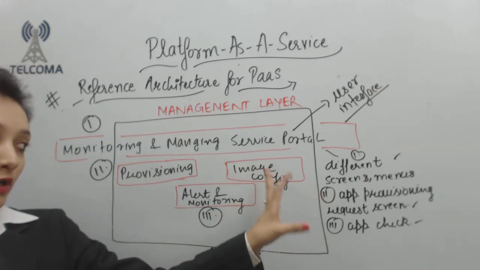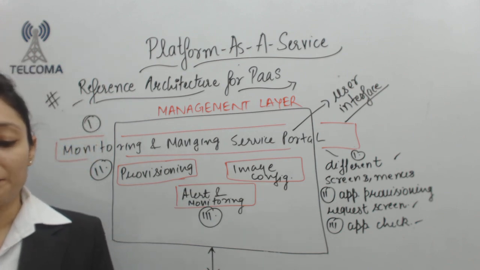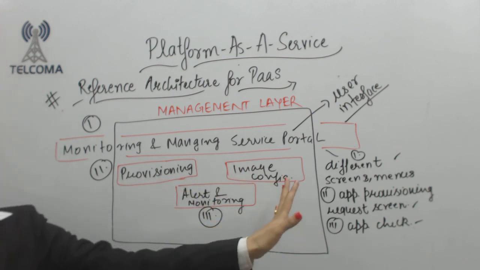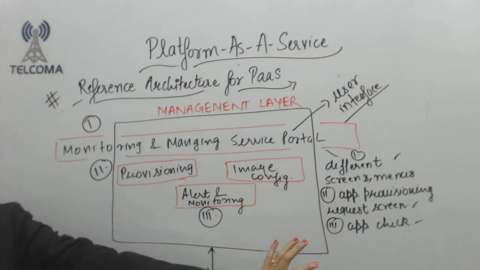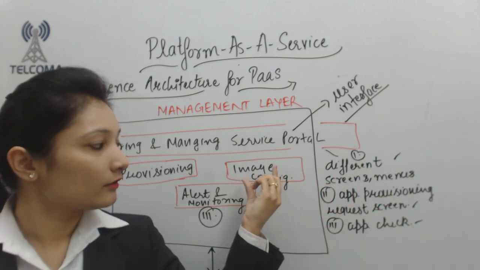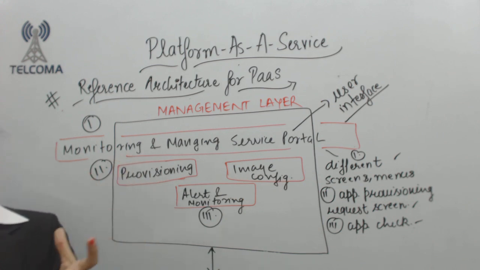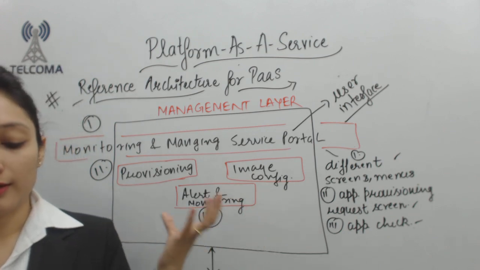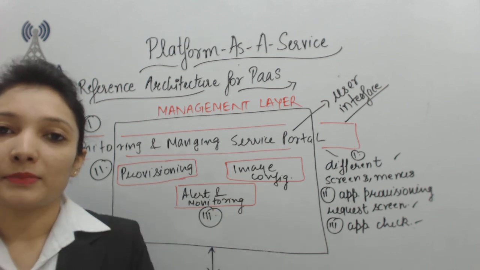Now this virtual image configuration was initially part of the infrastructure as a service, but here we have it as a defined standard. That means for the virtual machine images for the cloud. This component is responsible for having the virtualized images for your cloud. So it is storing these virtualized images. For the implementation of this component, a reliable cloud store should be provided that stores all the application images.